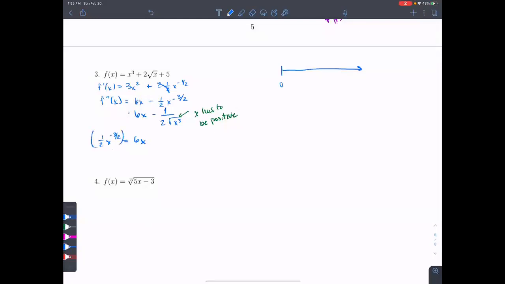I'm going to multiply both sides by x to the negative 2/3. So on this side, those cancel and we have a 1/2 that's left. On the other side, I have a 1 and a negative 2/3. I would add those. I have 6 times x to the 1/3.